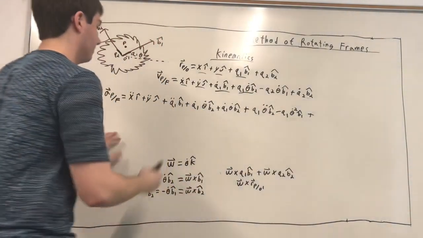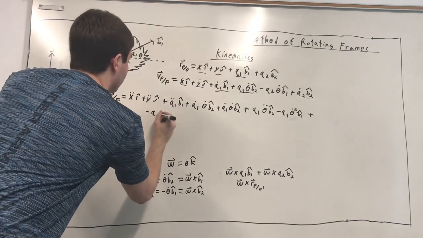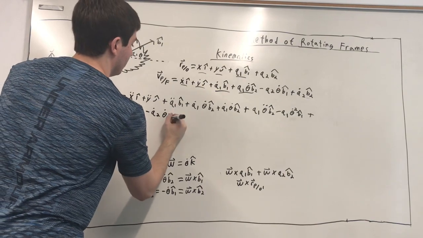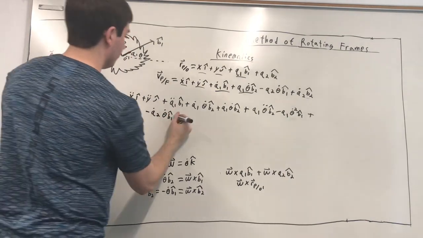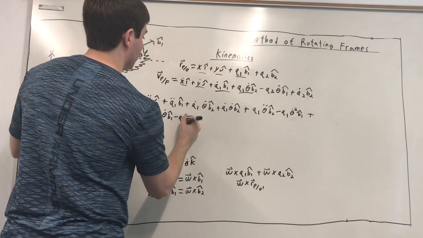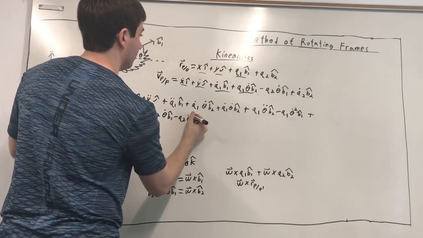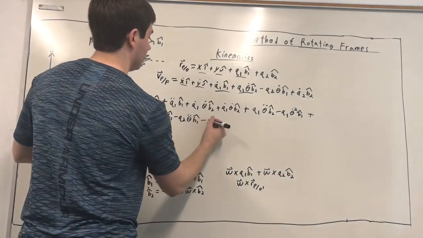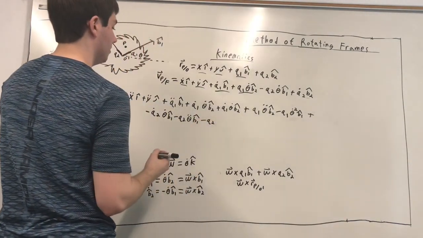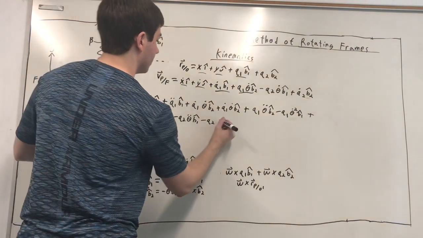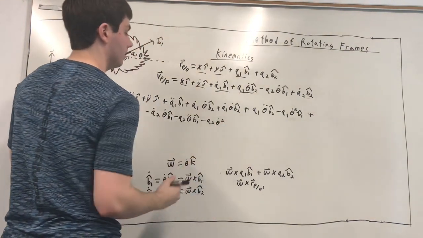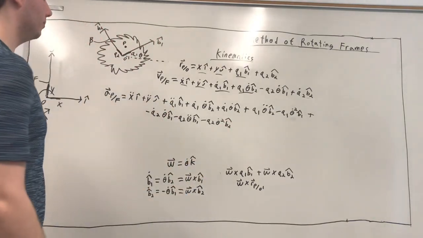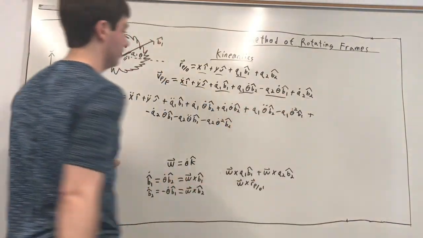So first guy, minus Q2 dot theta dot B1 hat, minus Q2 theta double dot B1 hat, minus Q2 theta dot squared B2 hat. Yep, so that term's done.